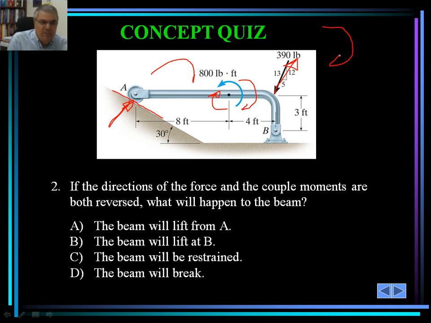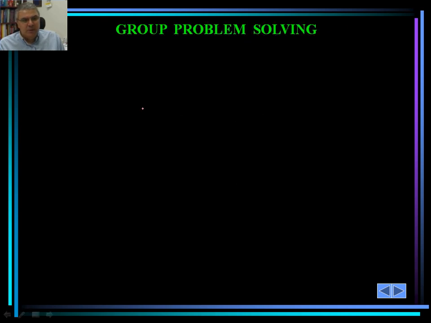So the beam would actually lift from A. It's not going to lift from point B because that is a pin support. It's the roller support that we have at A that can cause this to rotate clockwise. So the beam will lift at B if you reverse the direction of both the force and the couple moment for this particular system.